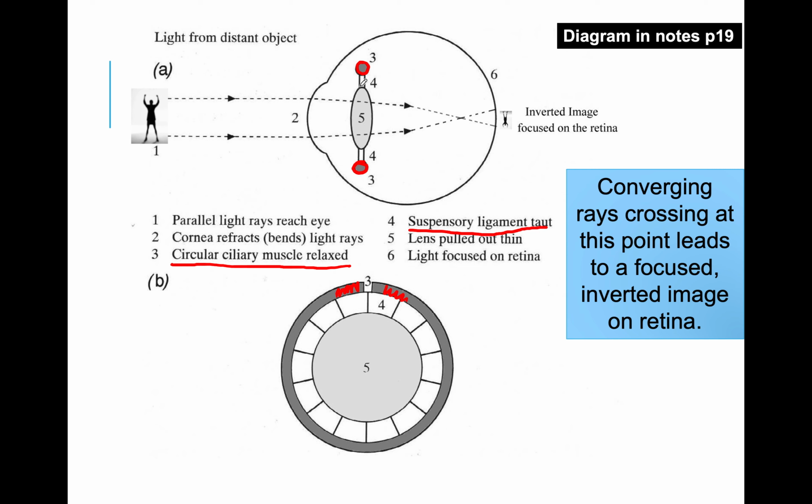With increased tension on the suspensory ligaments, the lens is pulled into a flatter shape, producing a lower refraction, a smaller refraction, a lower convergence, and focusing that light onto the retina.